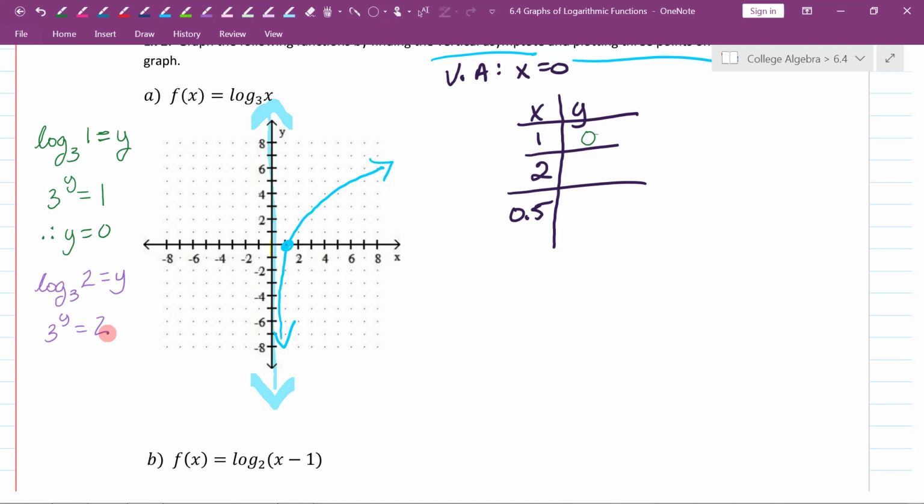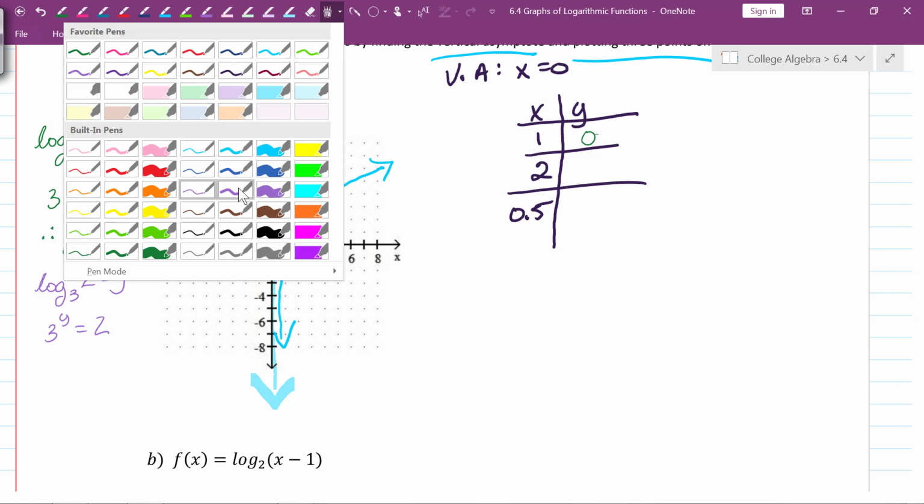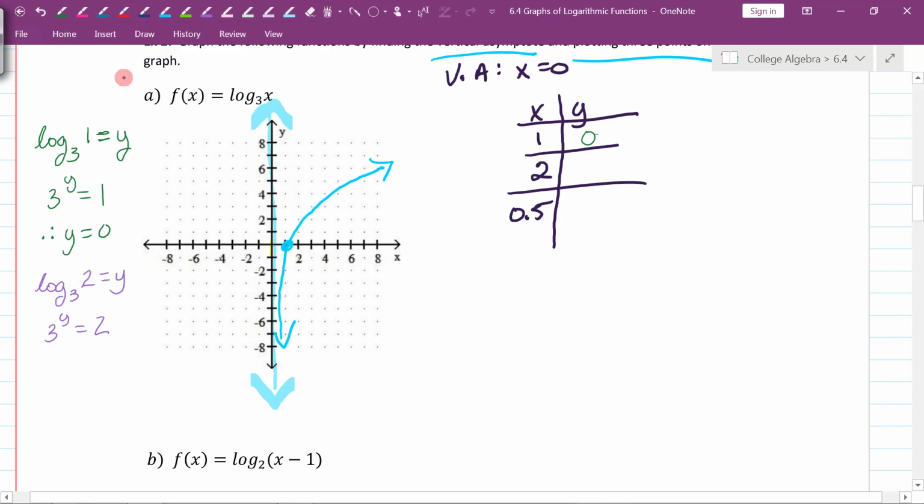So we're going to use a different technique for solving that one. If I want to find f of 2, I'm going to plug in x equals 2, and that is going to be equal to log base 3 of 2.